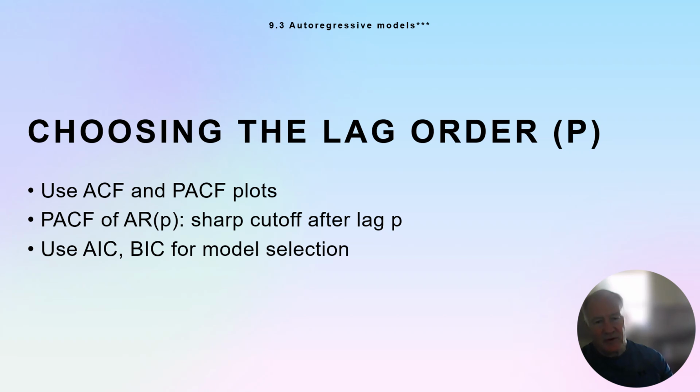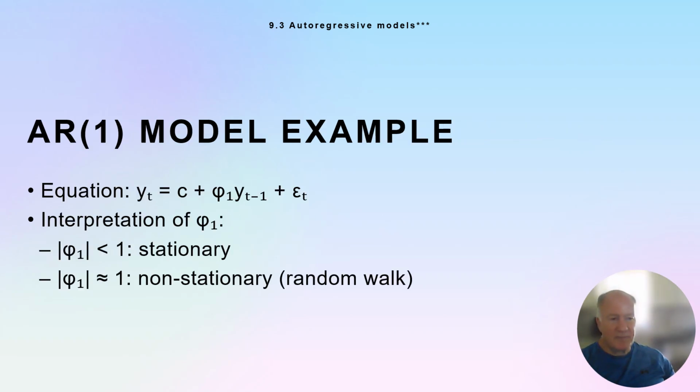When choosing the lag order p, we'll use ACF and PACF plots, and we'll look for a sharp cutoff after lag p. We'll use AIC or BIC for model selection. Our equation for AR(1), with a lag of 1, is y of t equals a constant plus phi1 times the previous value of y, plus the residual.